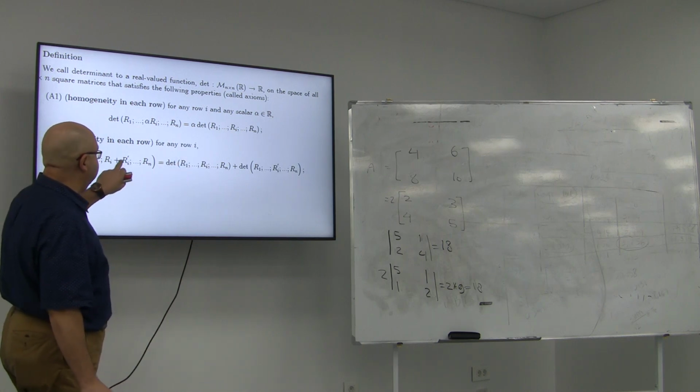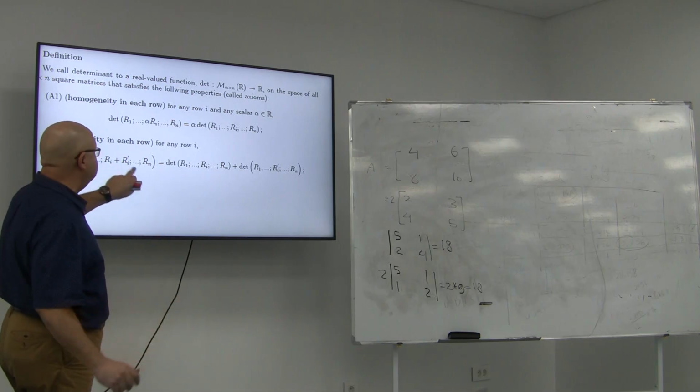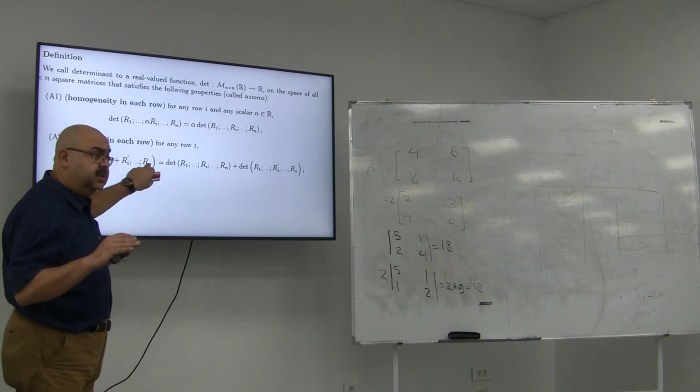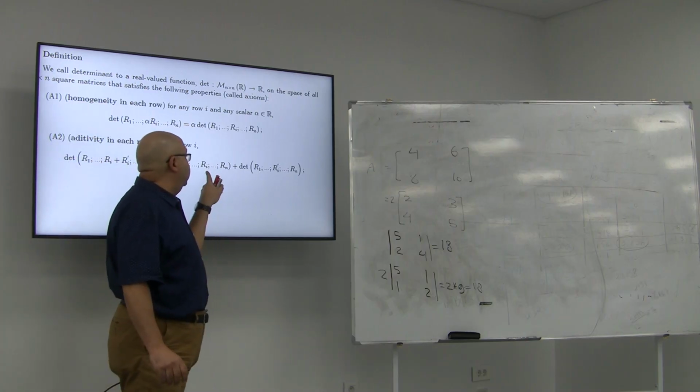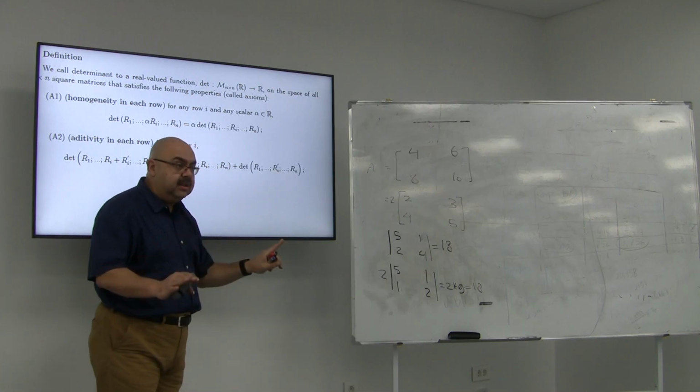Ri and Ri dash, the only difference is in these two rows. Up to Rn, they are exactly the same. Look at the addition. Here is Ri and here is Ri dash. The remaining rows are exactly the same.